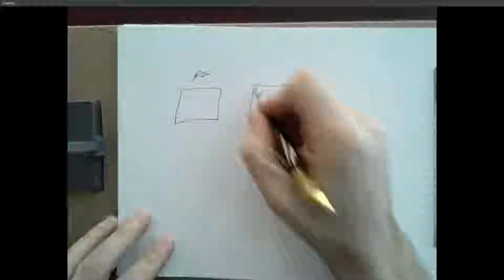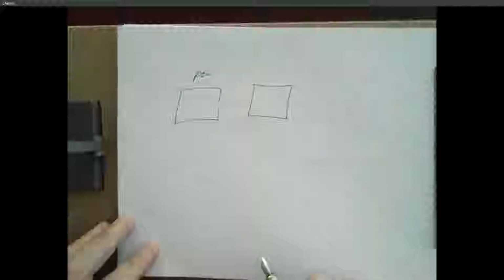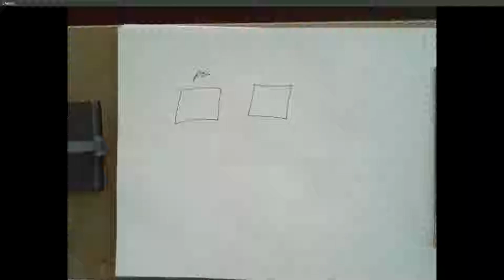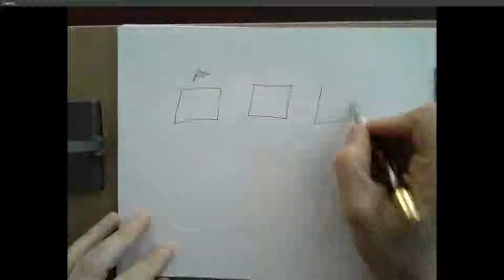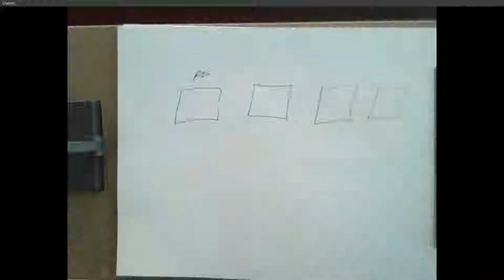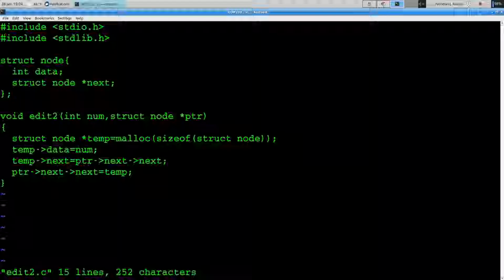Here's pointer. Here's some node that it's pointing to. And there's potentially other stuff. Is this true?